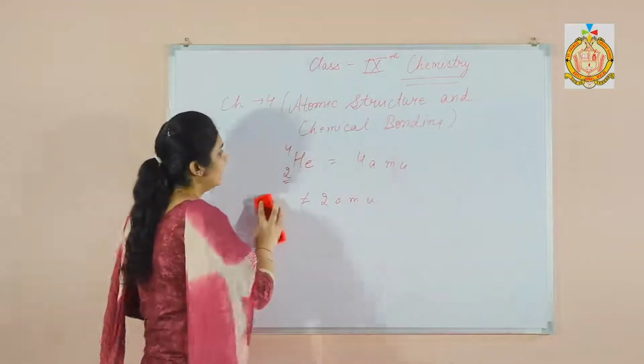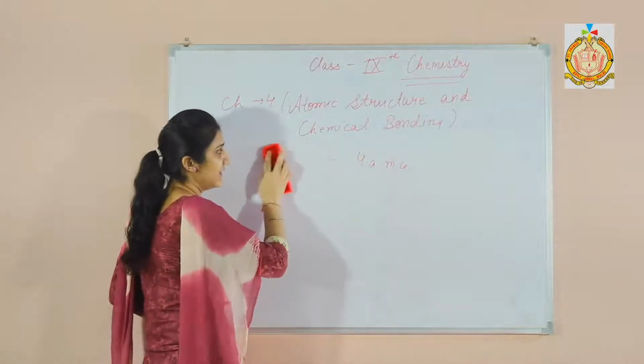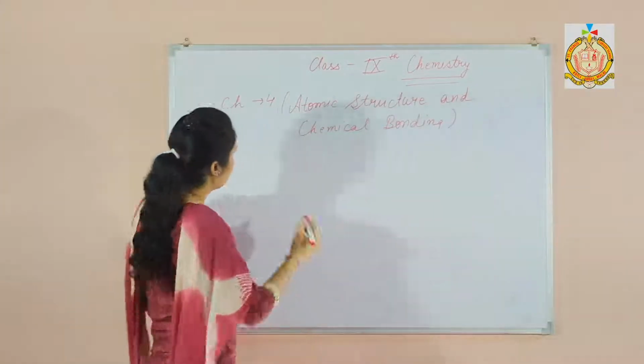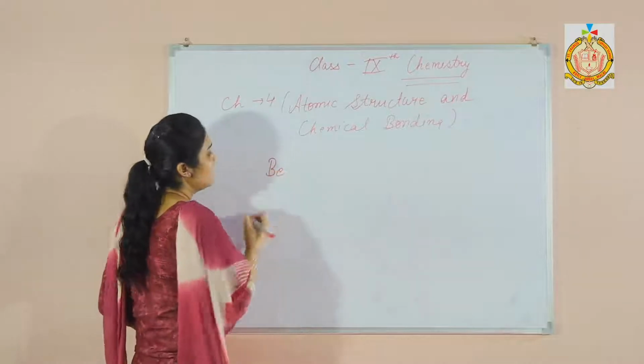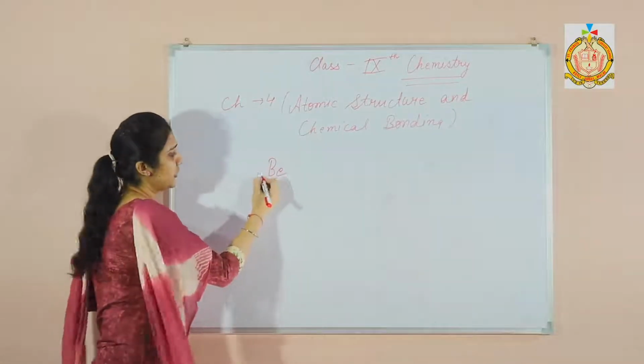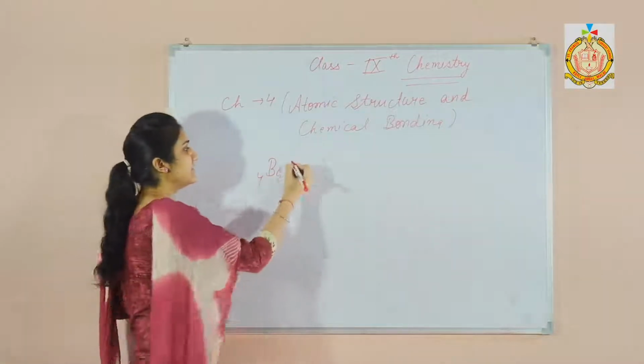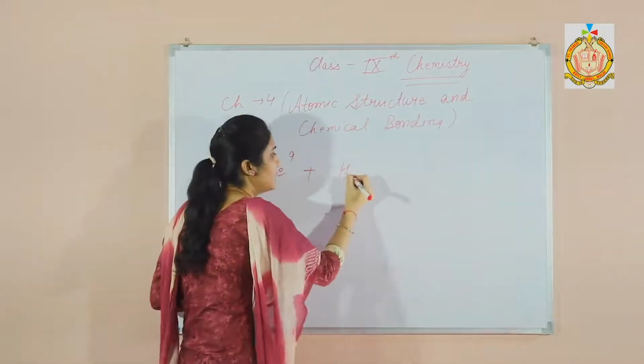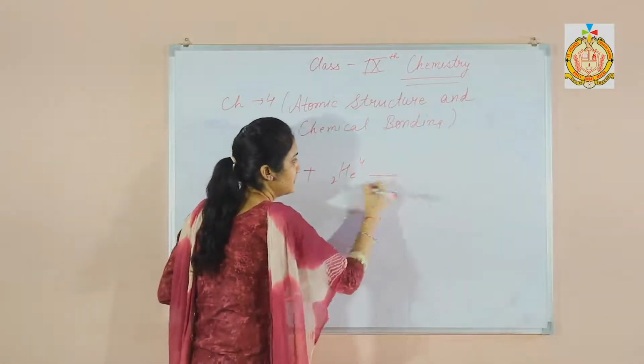He bombarded a light atom like beryllium with helium. Beryllium's atomic number is 4 and mass number is 9, and helium's atomic number is 2 and mass number is 4.